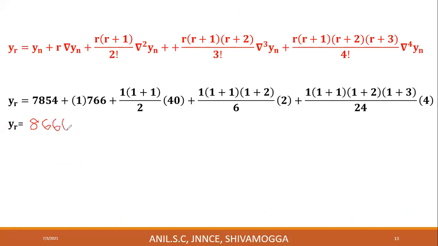This is the answer: 8,666 square units is the area when diameter D is 105.